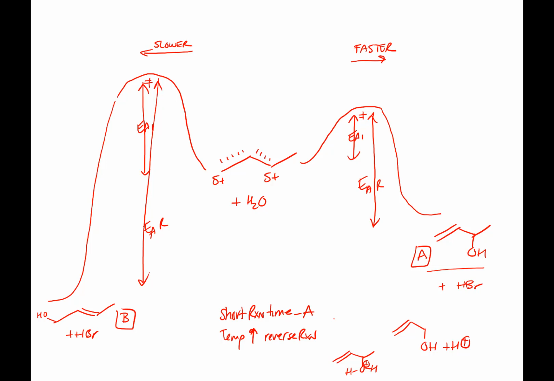Well, 2 out of 100 molecules are B. Then the other 98 go back to A. Then they go back to the middle. And then another 2 goes to the B. Now what happens if B can't get out of its well? What happens if the energy isn't enough for B to do that?